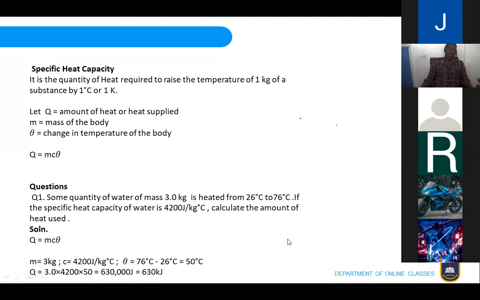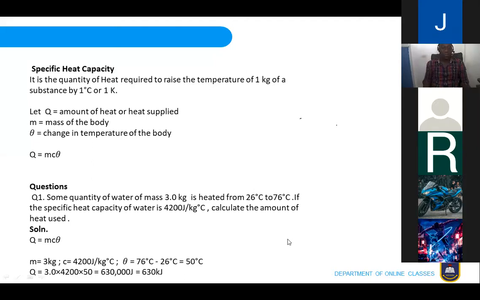And the formula for Q is MC theta. So we just have to input the parameters into that formula. We need to write the data down first. The M is going to be 3 kilogram, which is in the question. The C is 4,200 joules per kilogram per degree Celsius.